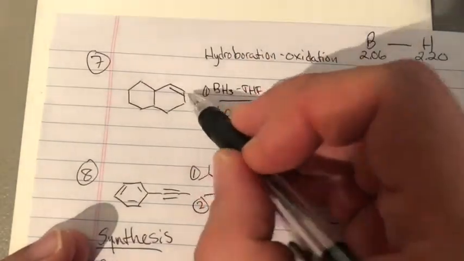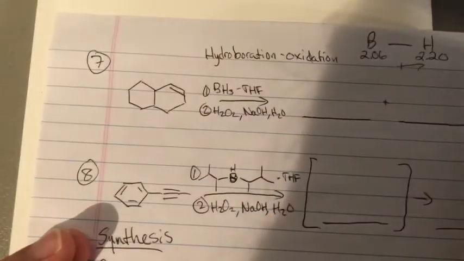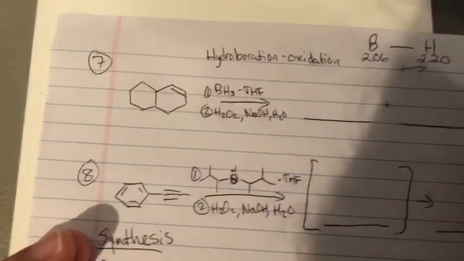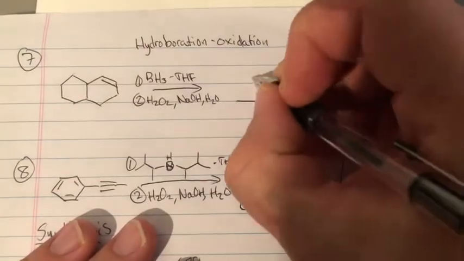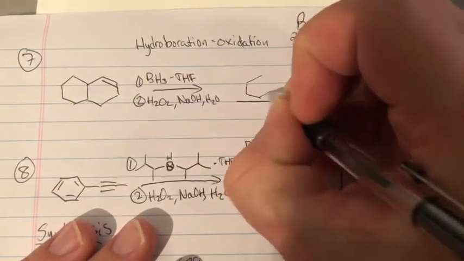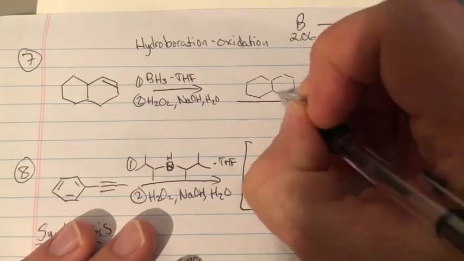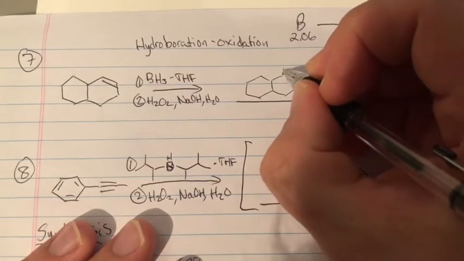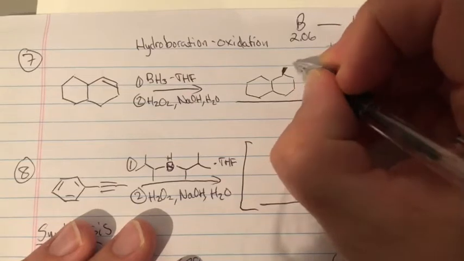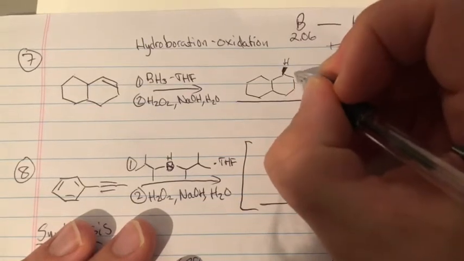What that means is you're going to get syn addition, anti-Markovnikov. Your two products are going to look like this. If you ever question this, you can take a look at the mechanisms in your text.